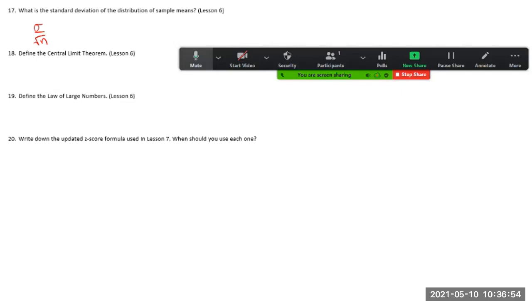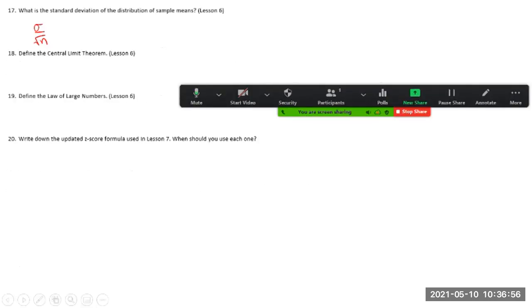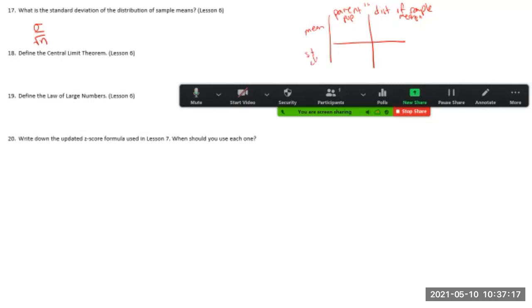And so I'd like to draw a chart for the students who are taking 221. If we have the parent population here and the distribution of sample means, which means how the sample is distributed, and then we have a category over here that means the mean, and over here the standard deviation. The mean for the parent population is mu.